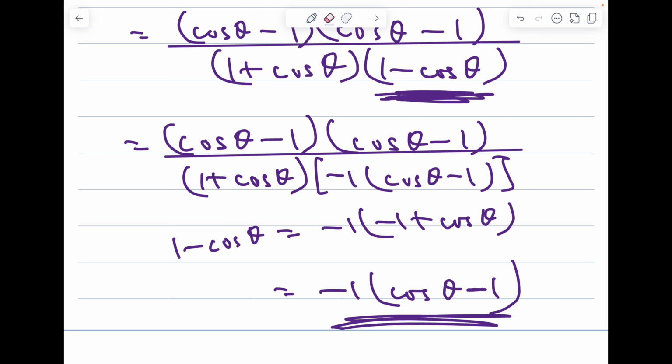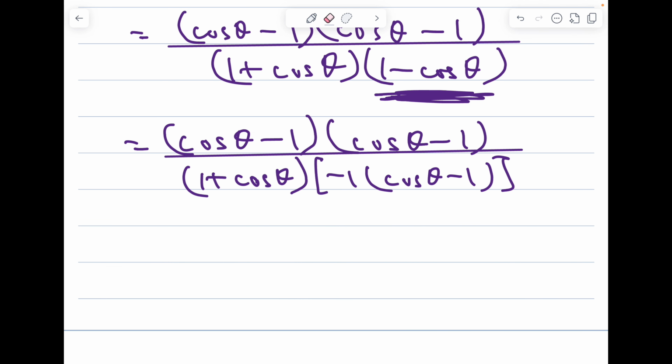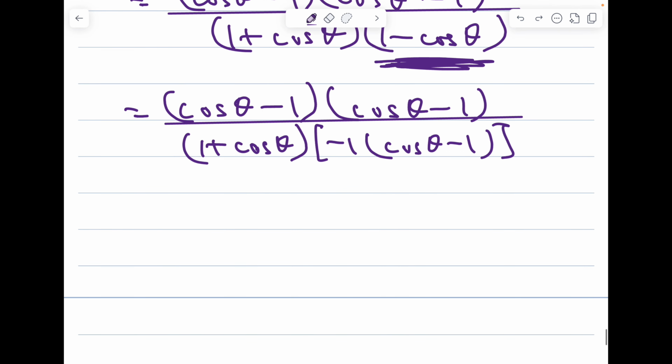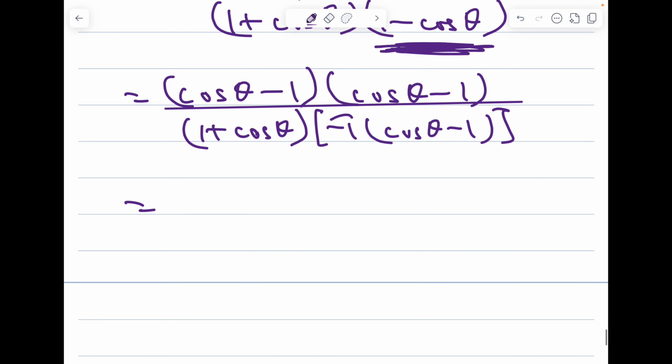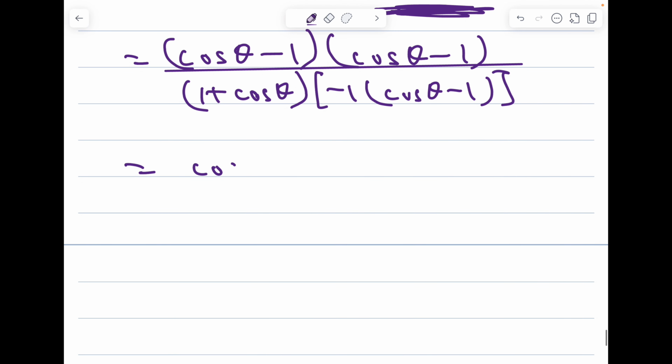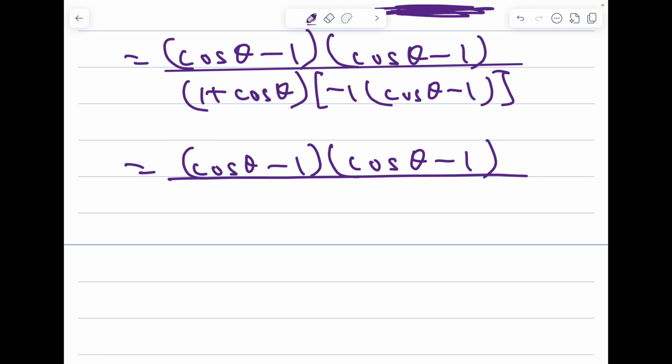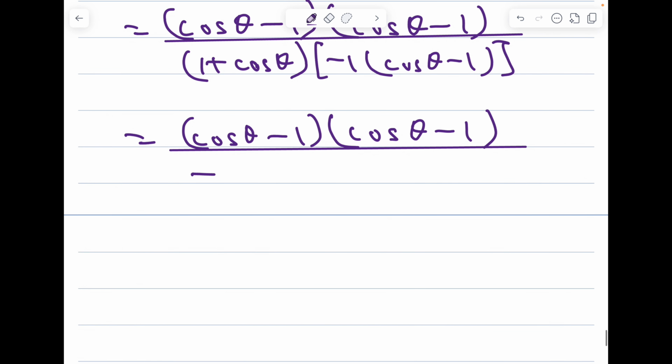If you like, you can just put only minus here and not put the 1. It's the same thing. Now I can bring this minus 1 outside here and write it this way. Cos theta minus 1 times cos theta minus 1 all over minus 1 into bracket 1 plus cos theta into bracket cos theta minus 1.